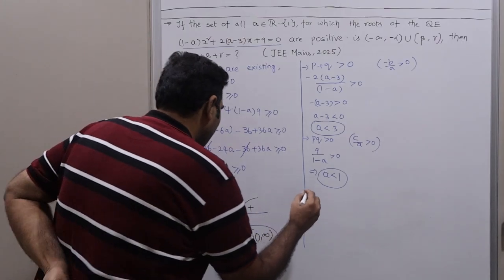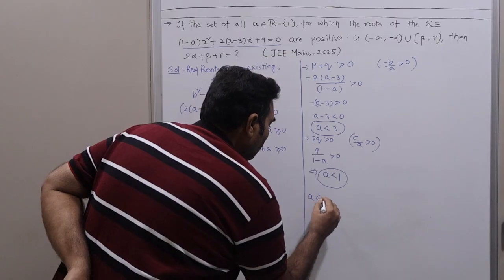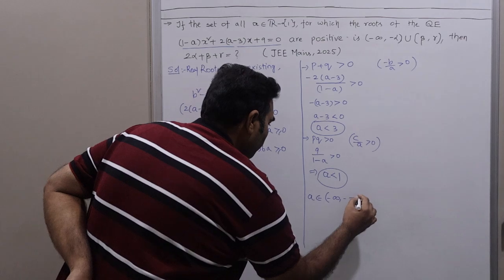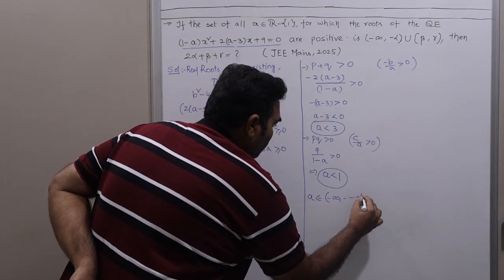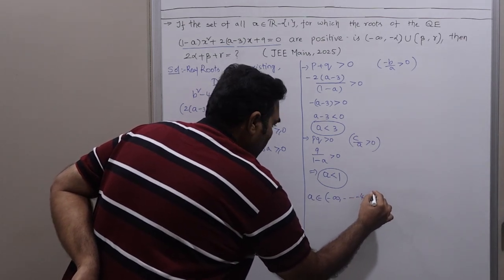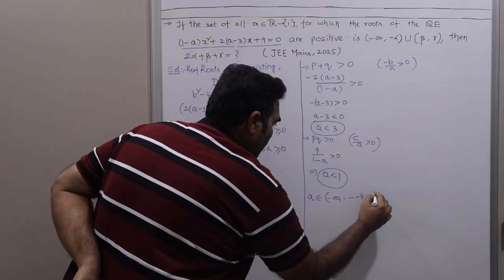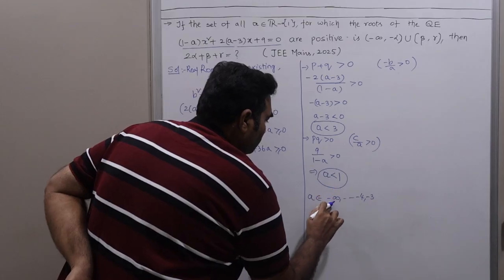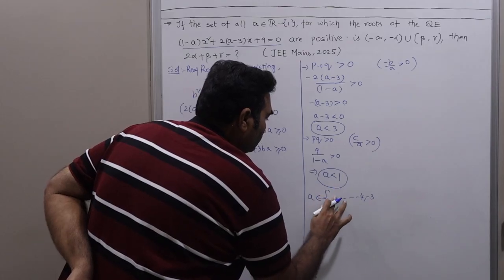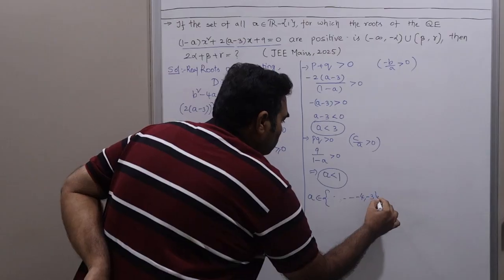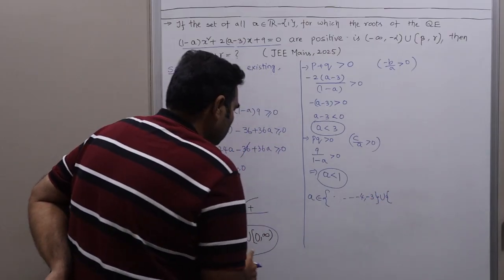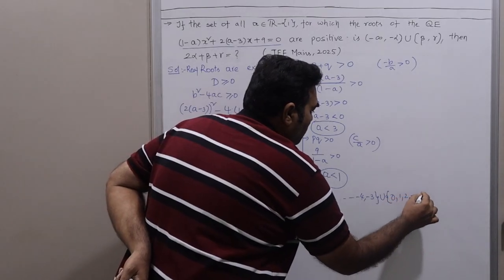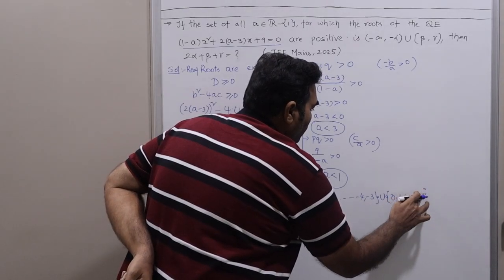So if I write it fully, minus infinity up to minus 4, minus 3, it contains minus 3, union 0, 1, 2, 3 and so on to infinity.